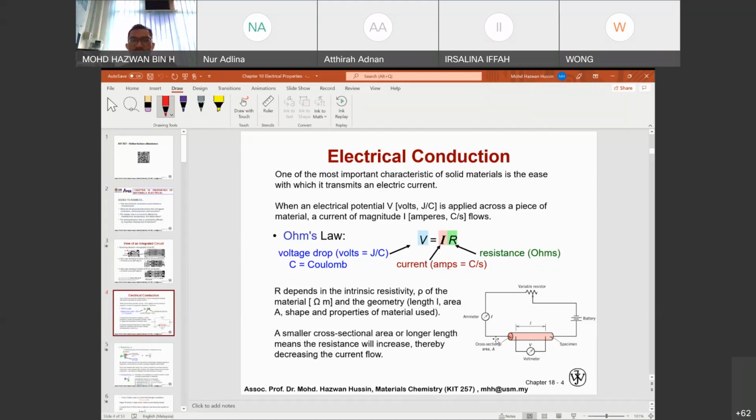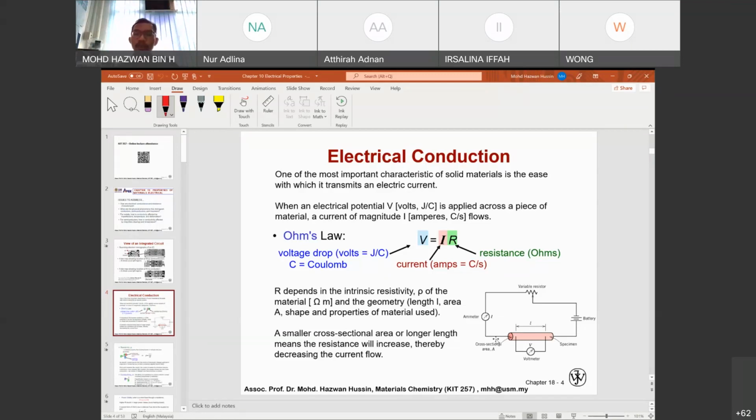The resistance depends on the intrinsic resistivity, rho, which is the intrinsic resistivity of the material, and the geometry, which is the length, area A, shape, and the properties of a material. A smaller cross-sectional area or longer length means the resistance will increase, thereby decreasing the current flow.